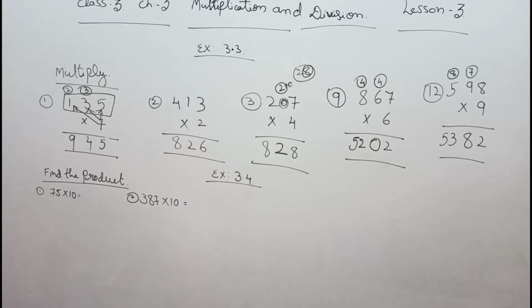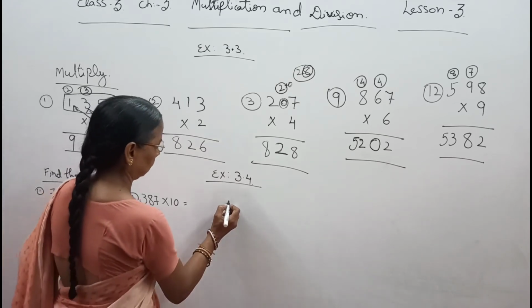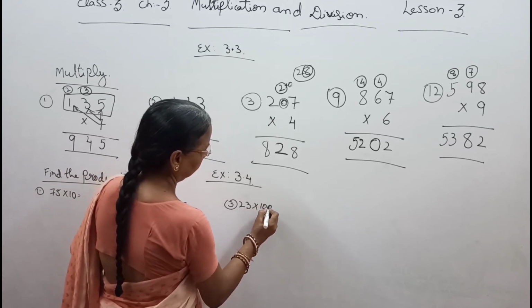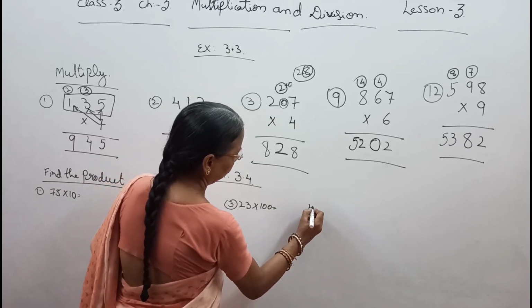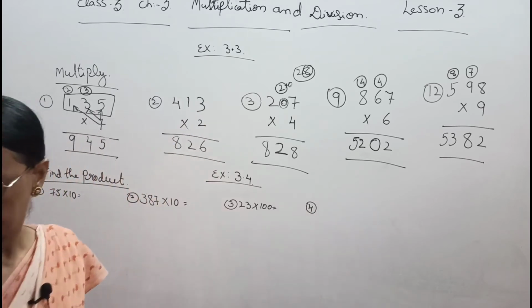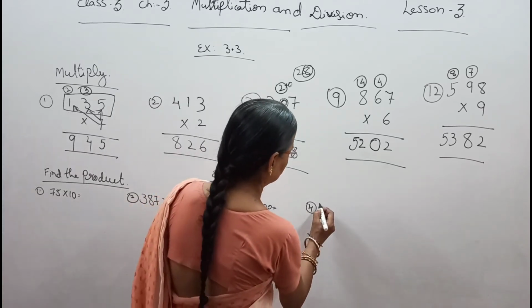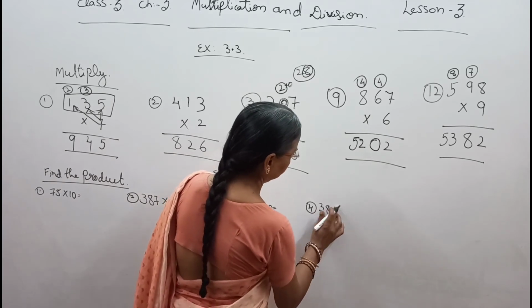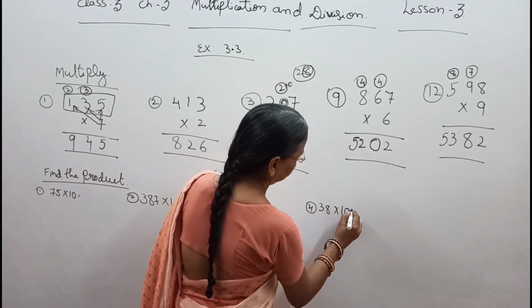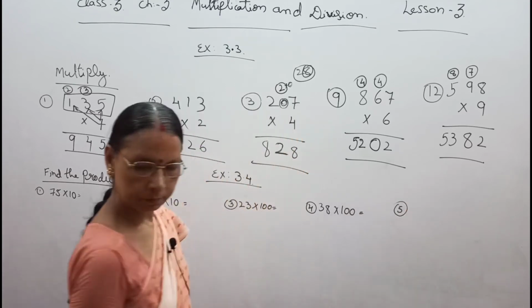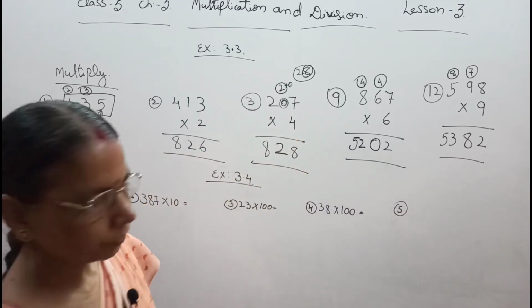Then the third one, 23 into 100. Then the fourth one, 38 into 100. Then the fifth one, 4 into 1000.